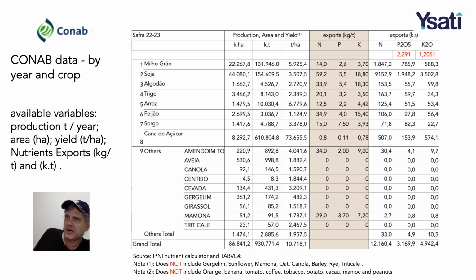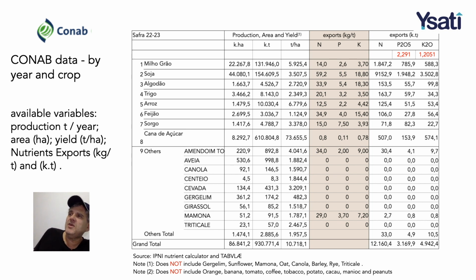When we harvest, we expect to get a certain amount of mass regarding these main nutrients: nitrogen, phosphorus, and potassium.